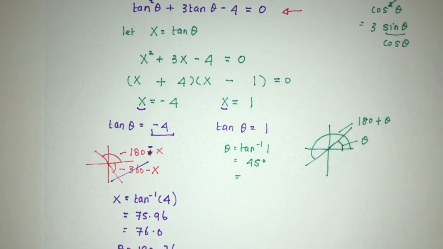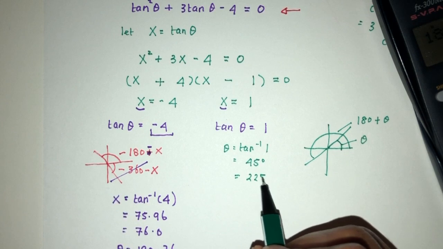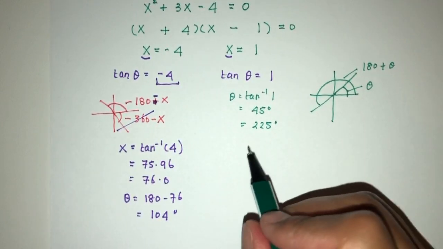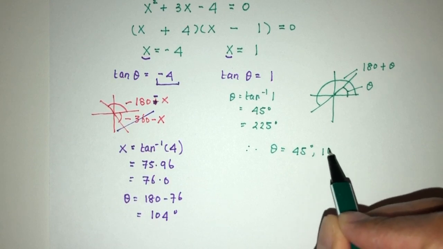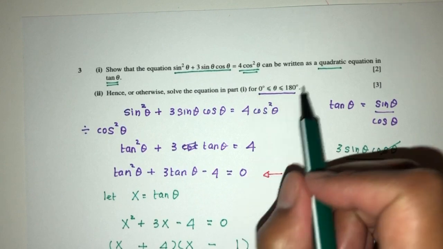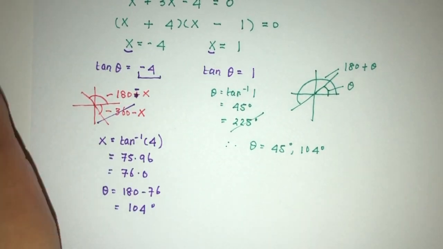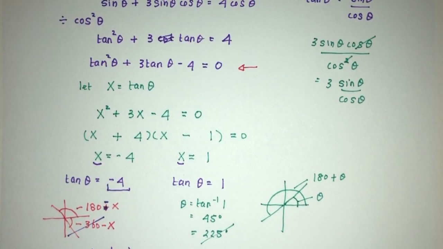And also we have 180 plus 45, that will be 225 degrees. So there we go. Theta will be 45 degrees and 104 degrees. The 225 will be outside of the domain that we need, so it will not be taken as the final answer. And that is it for this question in regards to trigonometry.